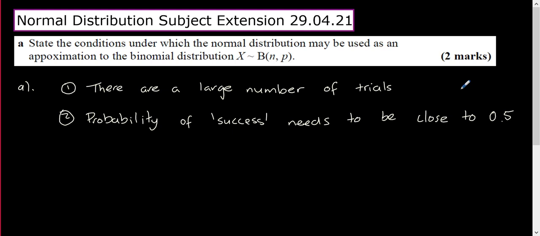If you reduce the number of trials and the probability gets further away from 0.5, then the approximation becomes less accurate. There's no rule like, don't use anything above 0.6. It's just this understanding that the closer to 0.5 you get for your probability, the more accurate the approximation is, and therefore it becomes a good approximation to use.